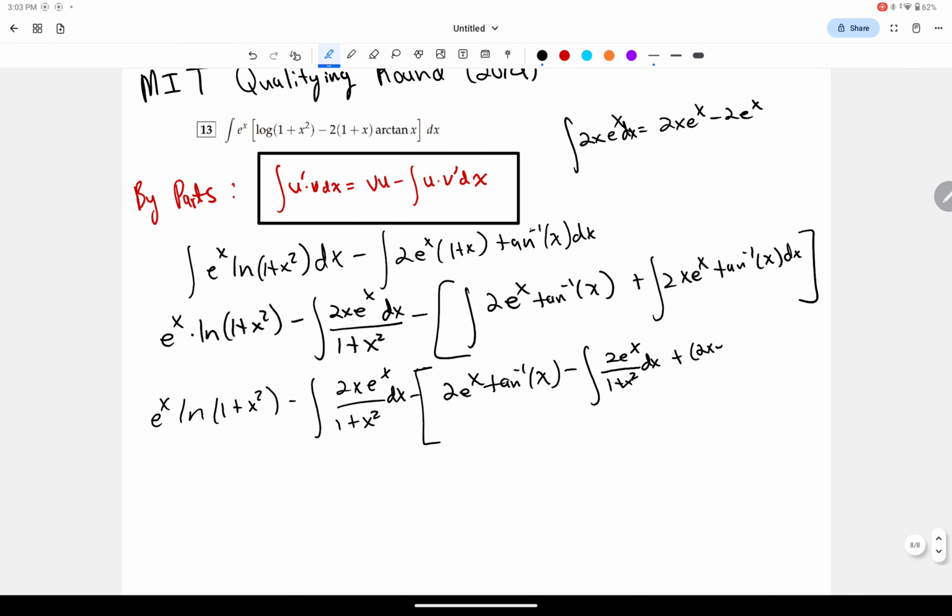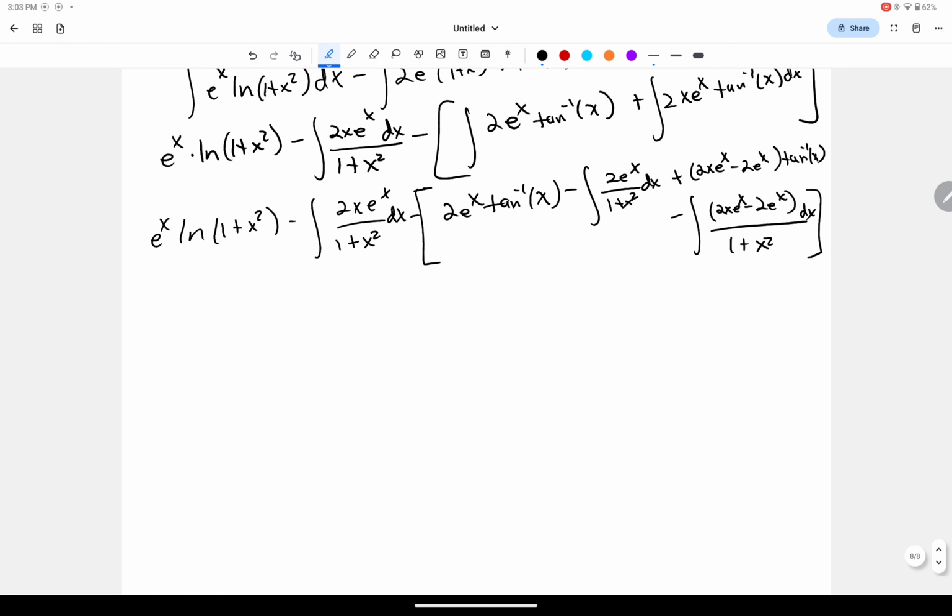plus 2x e to the x minus 2 e to the x tan inverse x minus the integral of 2x e to the x minus 2 e to the x. Differentiation of tan inverse x is 1 over 1 plus x squared dx. Okay, I'll just simplify this expression right here.